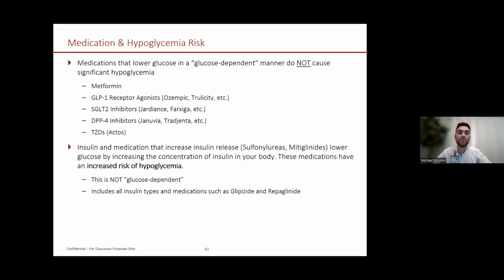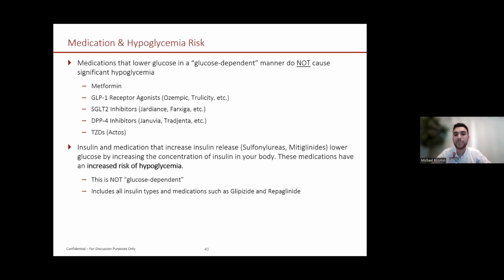Medications in this class that are not really causing a lot of low blood sugar are things like metformin, Ozempic, Trulicity, Jardiance, Januvia, and Actos. On the flip side, there are medications that can have a more significant role in low blood sugar.